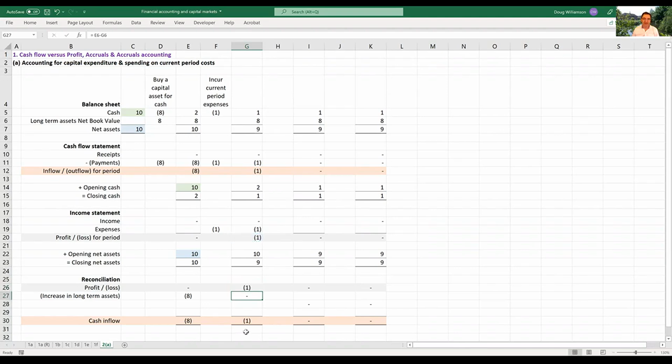Cash outflow for the period 1, because there's no items in cash flow that are not in the income statement. There's no items in the income statement that are not in cash. The single item, namely wages paid in the current period, are in both. So there's no timing differences between the loss and the cash outflow.